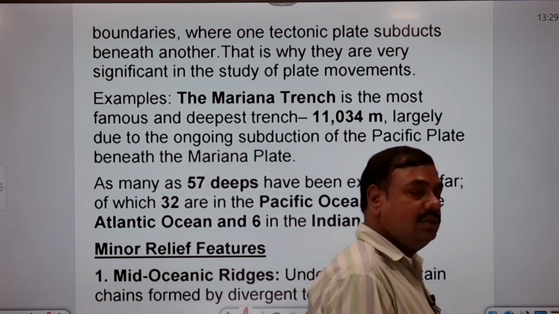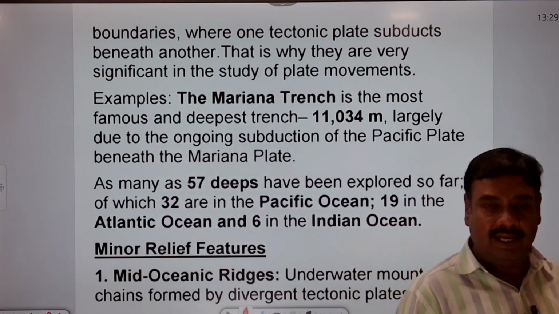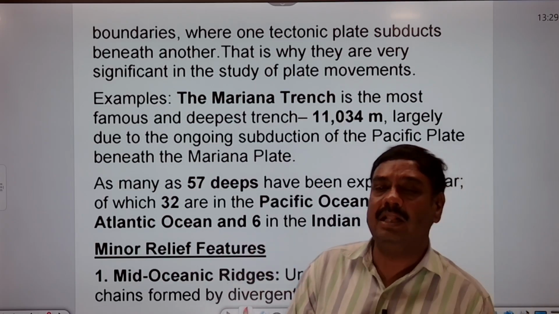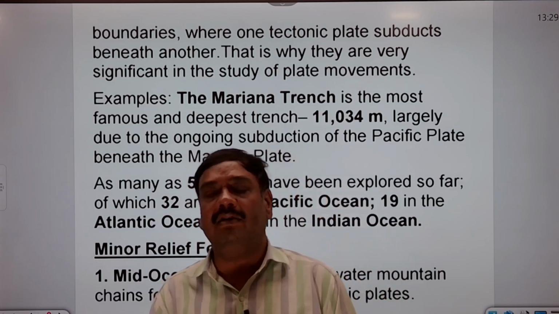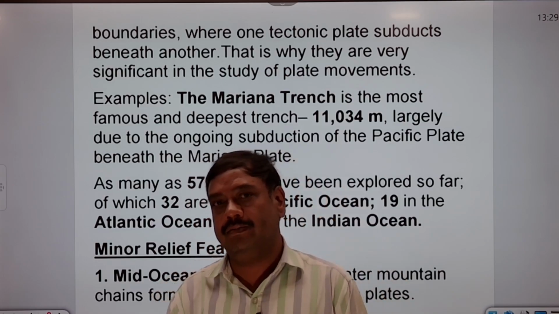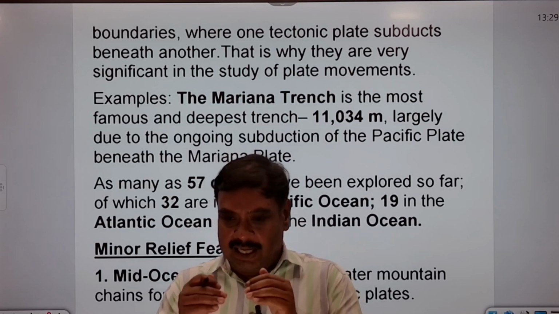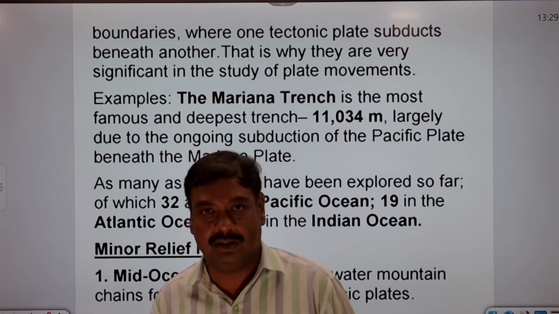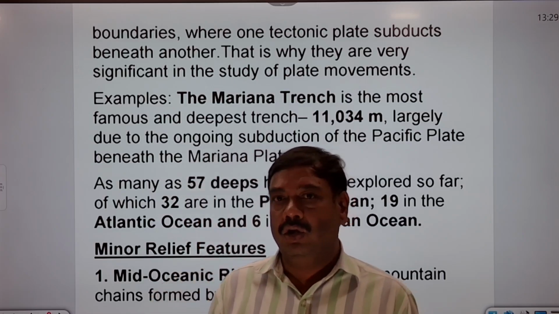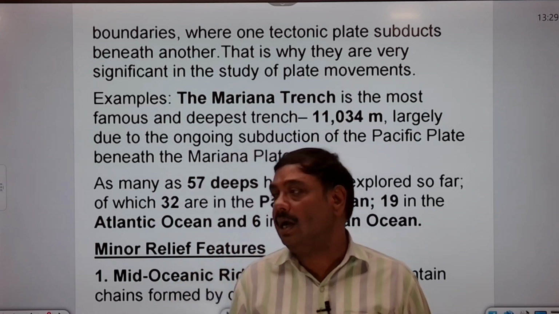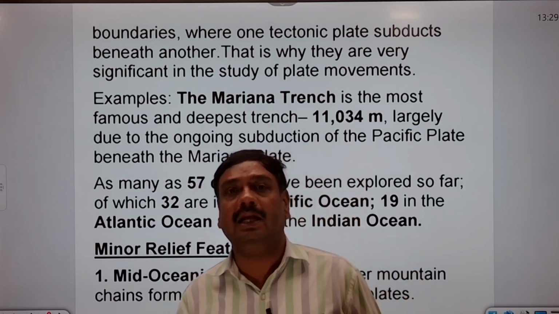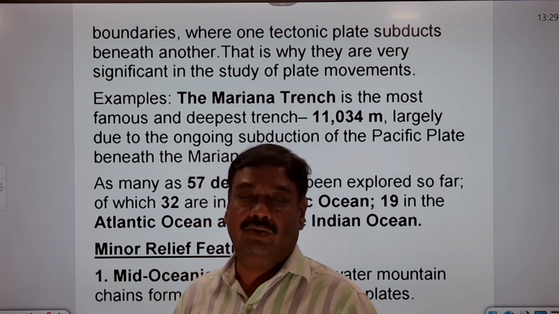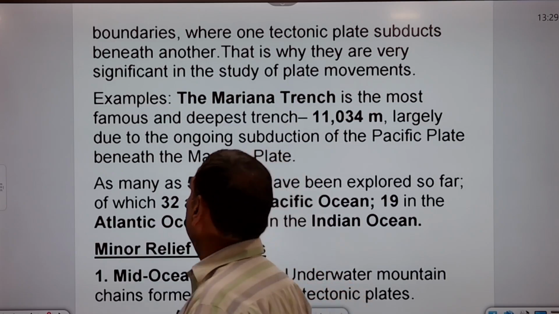If two plates are moving towards each other, they have convergent plate margins. If two plates are moving apart from each other, they have divergent plate margins. Got it? The favorable conditions for volcanic eruption are provided only by the convergent plate boundary. It is the major thing.